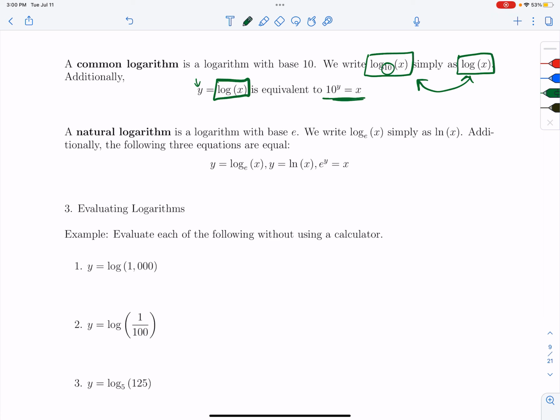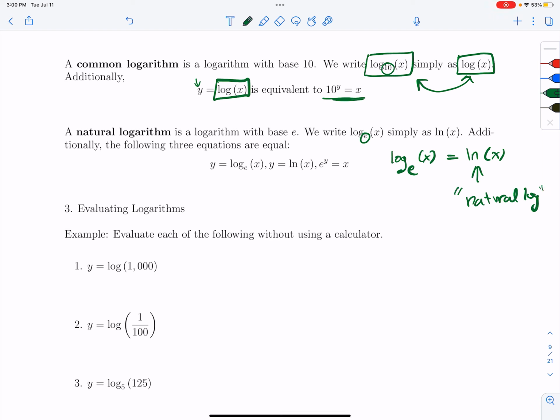A second type of logarithm that we'll see quite often is a natural logarithm, and that has a log base e. So log base e of x is the same thing as ln of x, and we call this natural log.